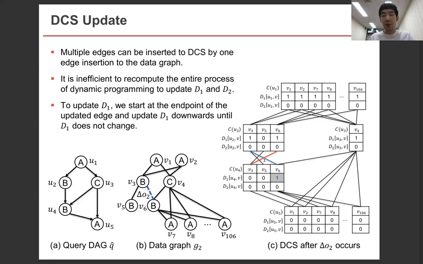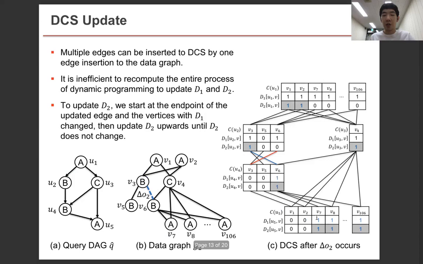For example, for the blue line, we first update D1 of U5 and V6 from 0 to 1 and iterate recursively for the children below it. Also, we can update D2 similarly to D1. The difference is that the update can start even on vertices where D1 did not change.